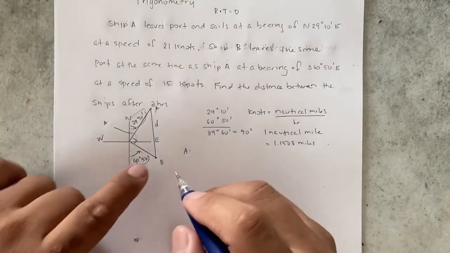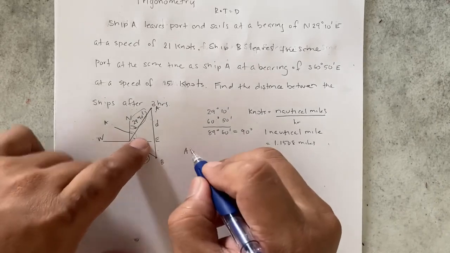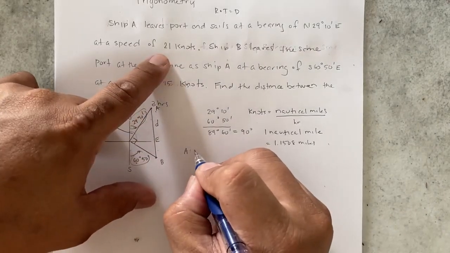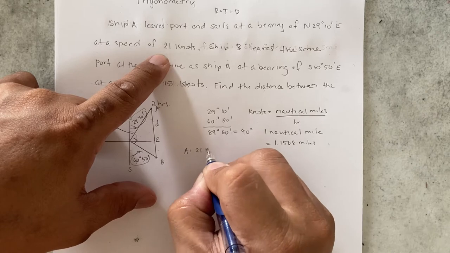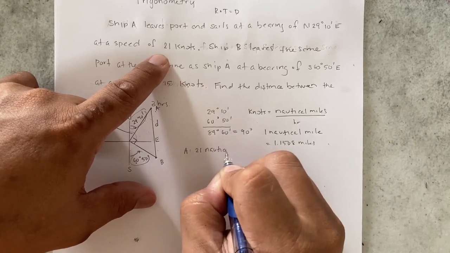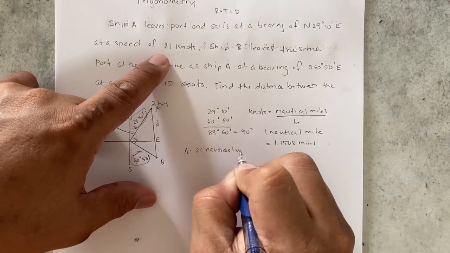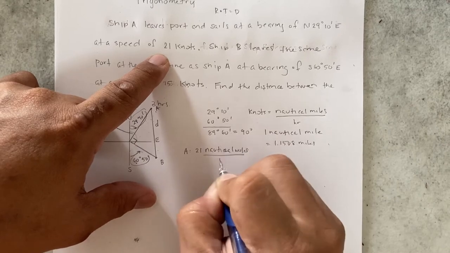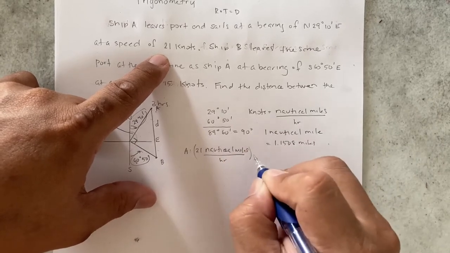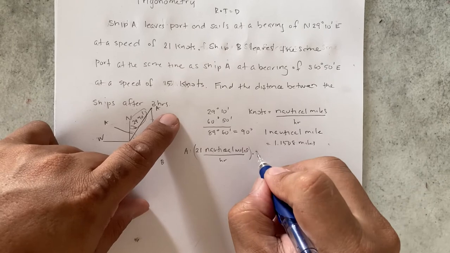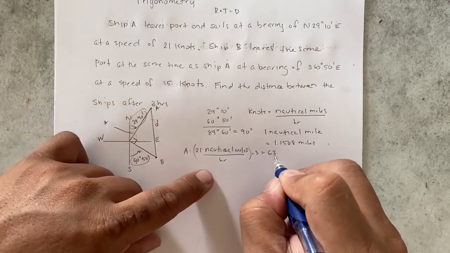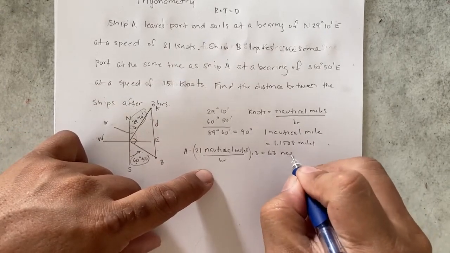Okay, so let's look at the rate in nautical miles. A is 21 knots. So I'm gonna put it in terms of nautical miles per hour. Nautical miles per hour. Rate times time, we said it was after 3 hours. So this is gonna be 63 nautical miles.